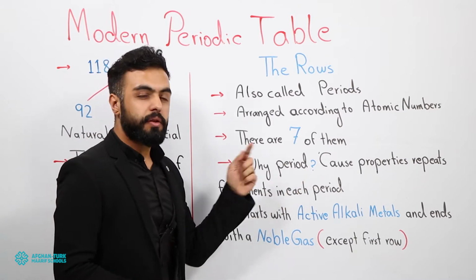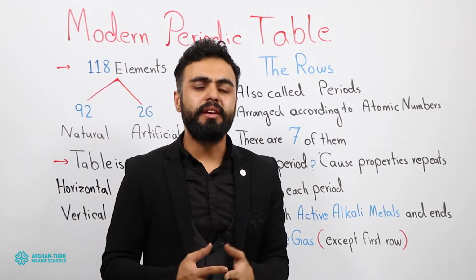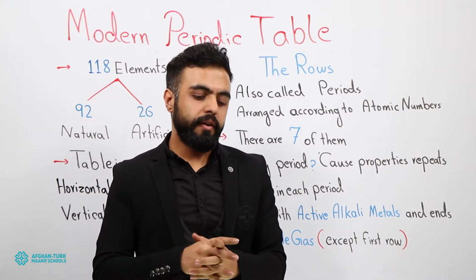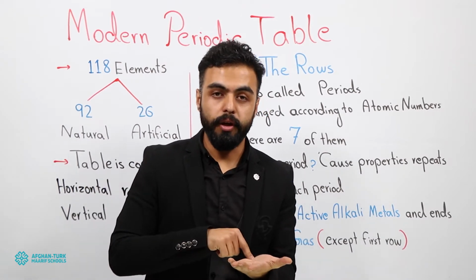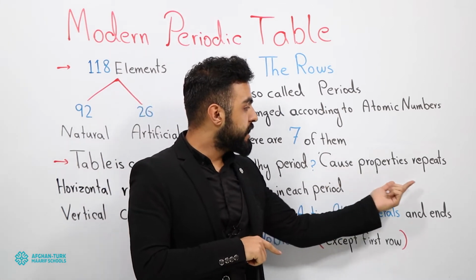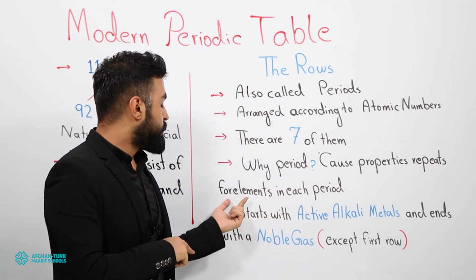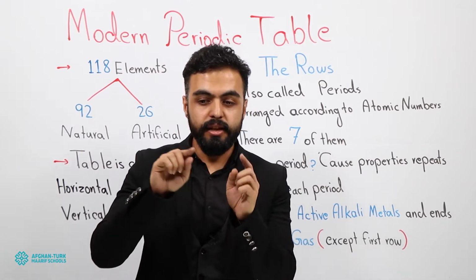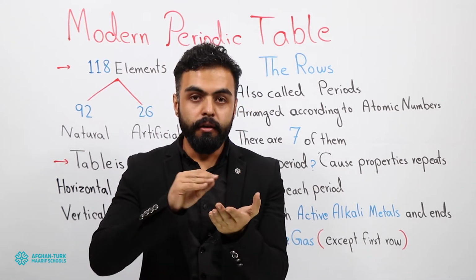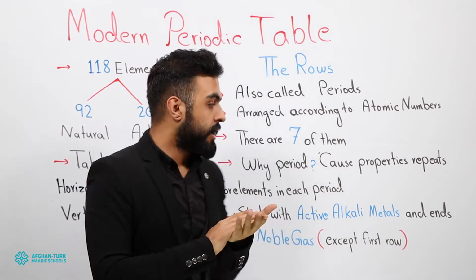So, why do we call these periods? Because period means you start from one point and again come to the first point. Here, the properties repeat for elements in each period. It means after a specific range of elements, the properties repeat again.